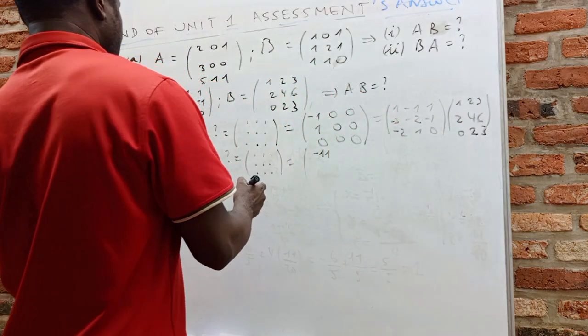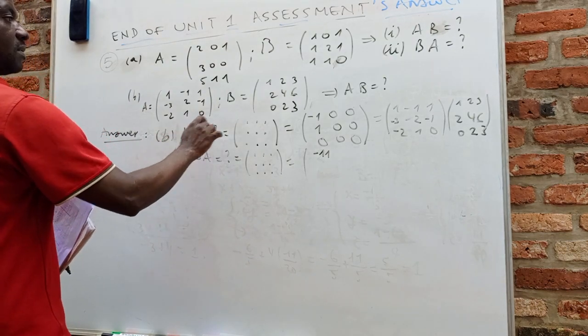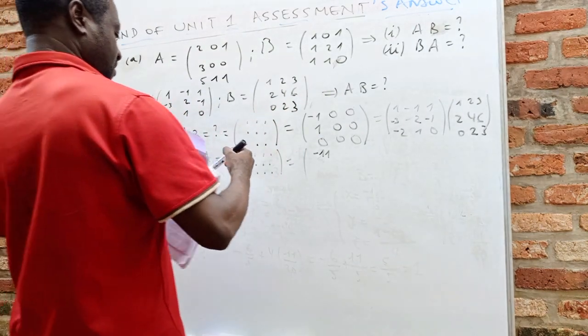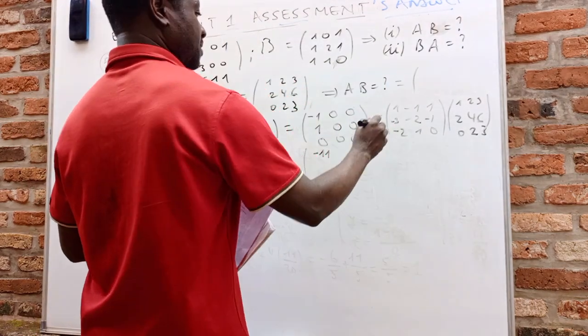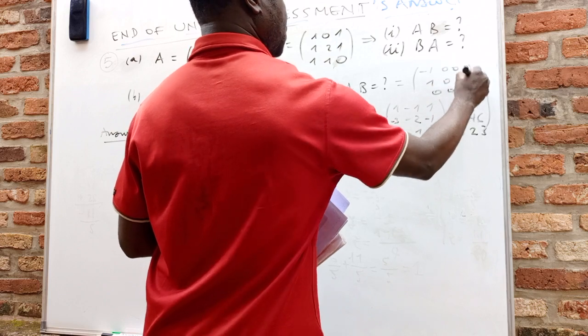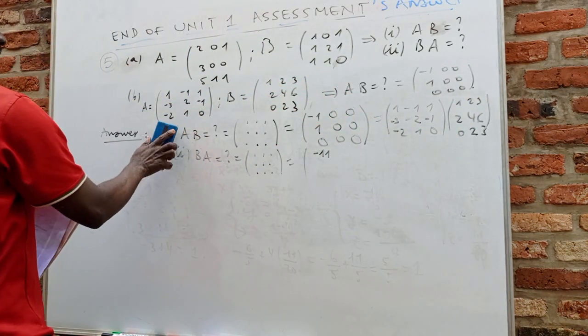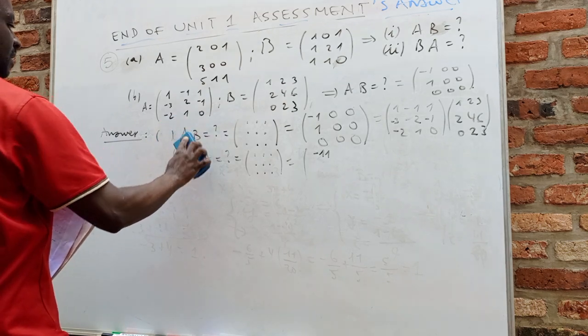This was the product, and it was the only question because in B, we are asked to find the product, which is this matrix. Okay. So now let us work out A.